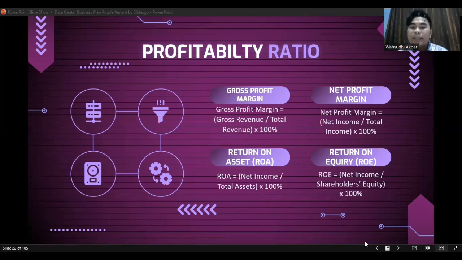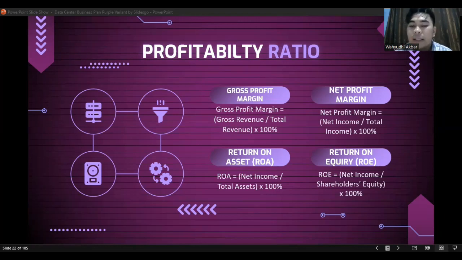The second one is net profit margin. Net profit margin equals net income divided by total revenue times 100%. And the third one we have return on asset, ROA.